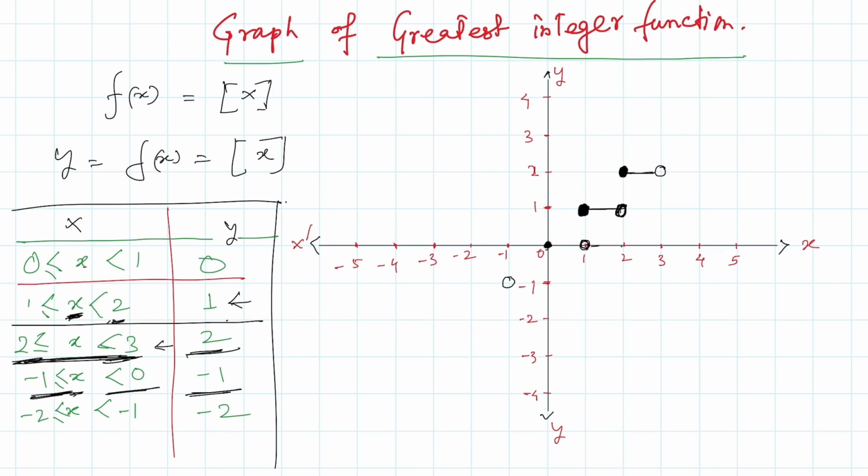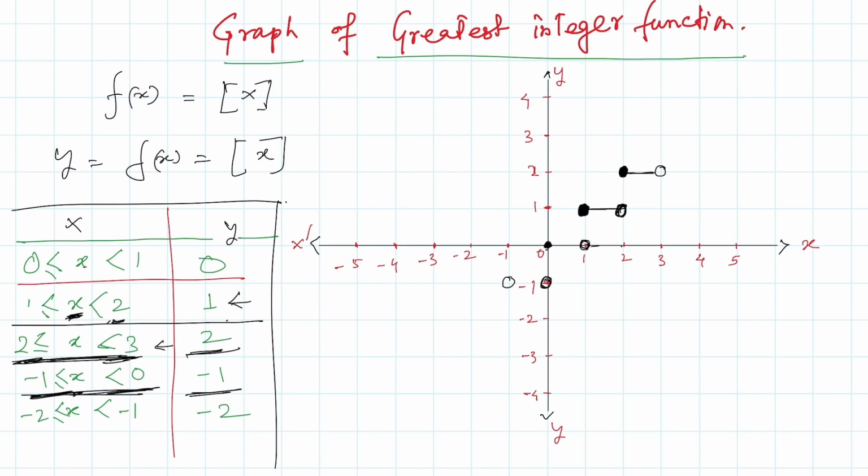For the interval x greater than or equal to minus 1 and less than 0, here at this point x is 0, y is minus 1. So here 0 is not included, and minus 1 is included in this interval.